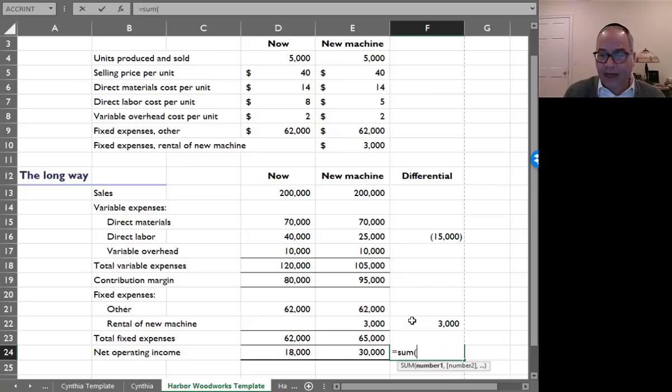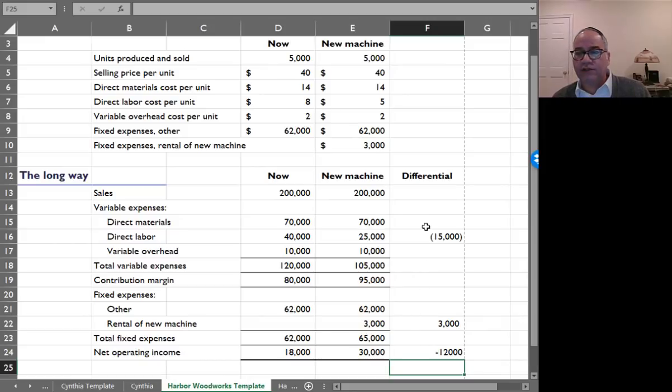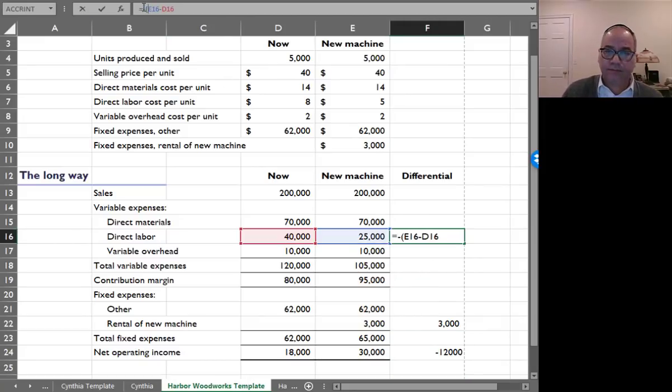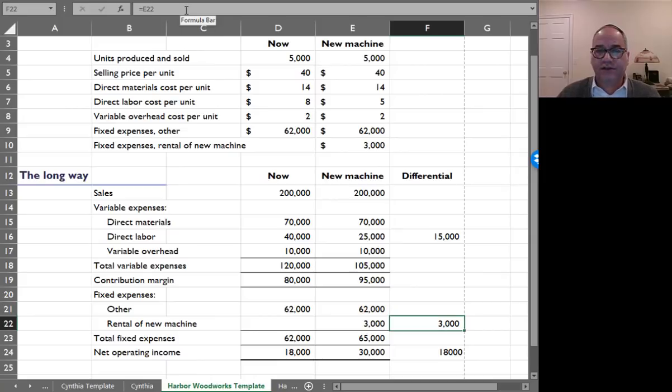So if we look at it that way, we would have a decrease in expenses. I should really do this in the other direction because there would be an increase in income. I would have an increase in income or a decrease in expenses of $12,000, which is just the difference between these two.